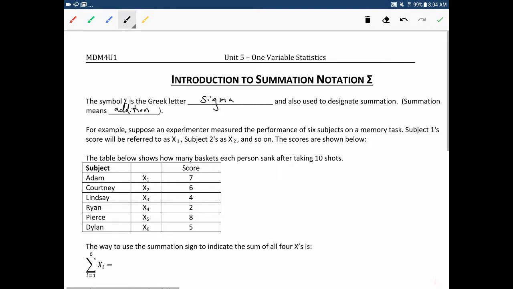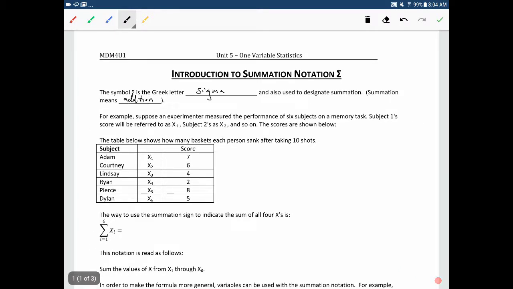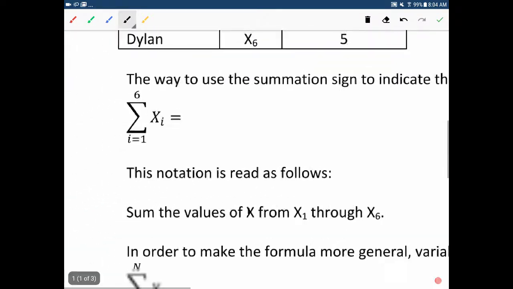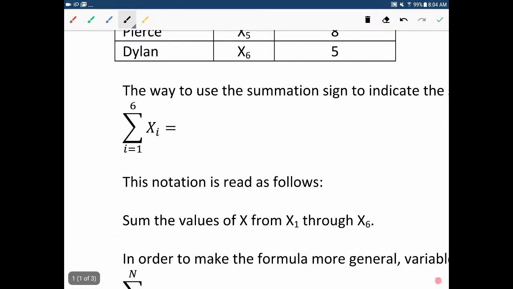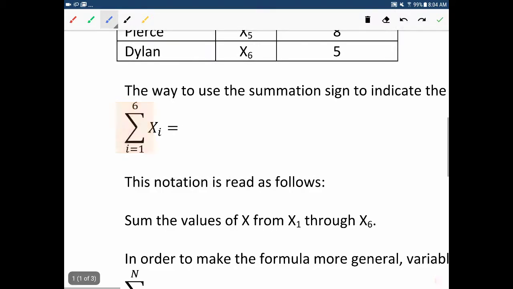For example, suppose an experimenter measured the performance of 6 subjects on a memory task. Subject 1 is referred to as x1, subject 2 is x2, etc. So there are the scores. The symbol here just means add up the values of xi starting at i equals 1 and going up to i equals 6.